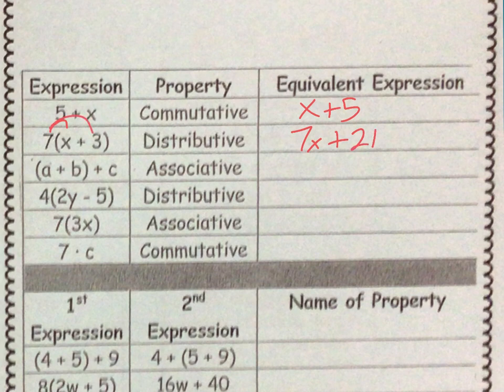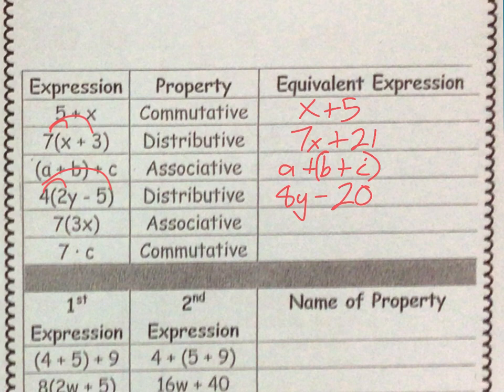We distributed. Associative means that we're moving the grouping, and the grouping is parentheses. So we're going to go A plus B plus C, but we're going to put the grouping around the B and the C instead. This next one, distributive again, 4 times 2y is 8y. 4 times negative 5 is negative 20, so that's pretty basic.